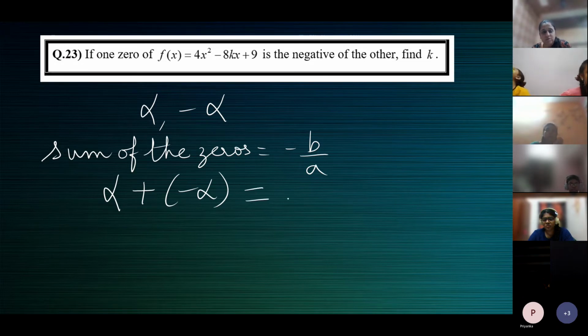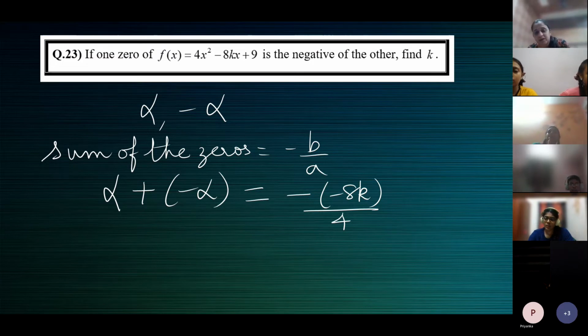The sum of the zeros is equal to minus b by a. Minus b is minus 8k, the coefficient of x is minus 8k. So what is alpha minus alpha? 0.